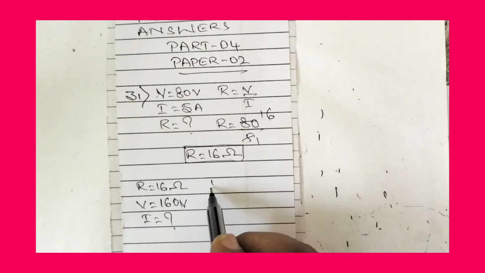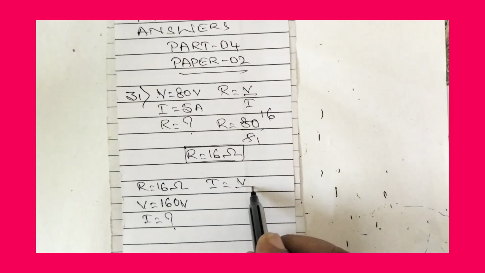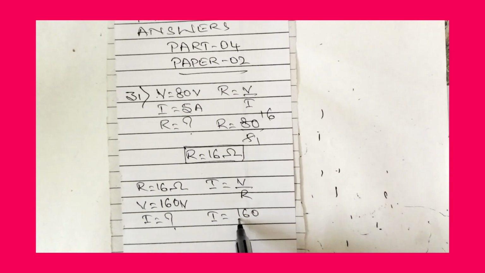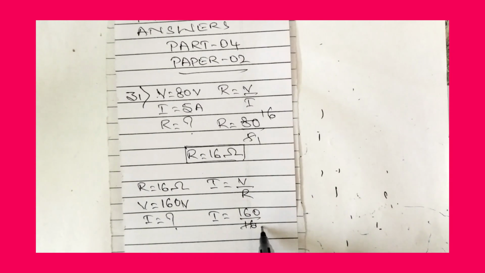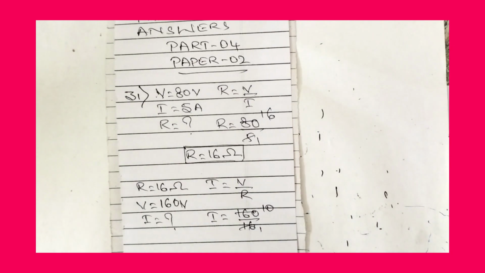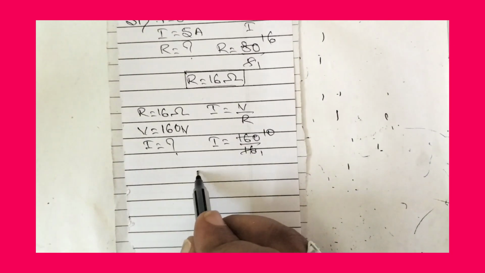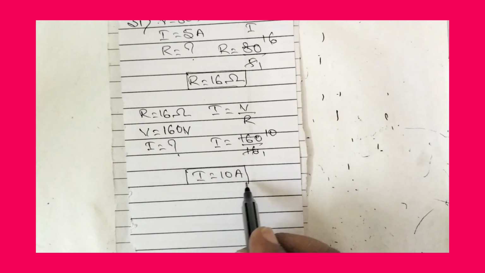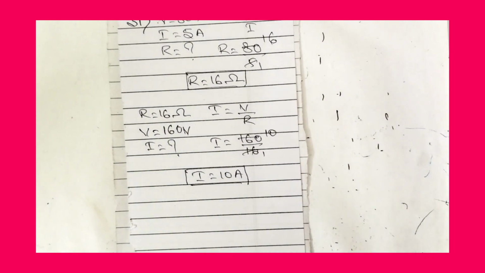According to Ohm's law, I is equal to V by R. So I is equal to V, that is 160, divided by R, that is 16. 16 ones are 16, 16 tens are 160. So I is equal to 10 ampere. This is the current that flows through the circuit when the voltage is increased from 80 volts to 160 volts.